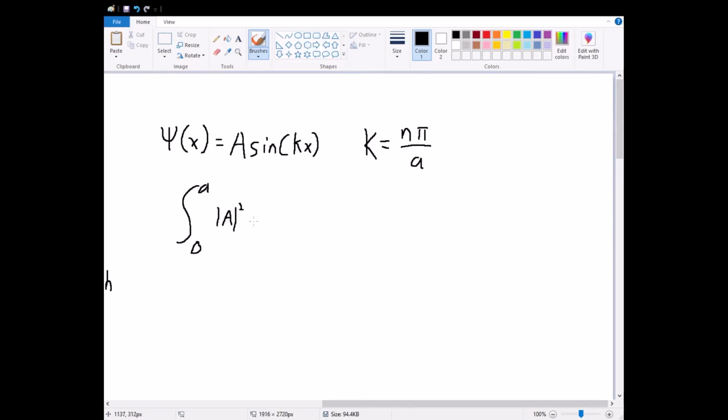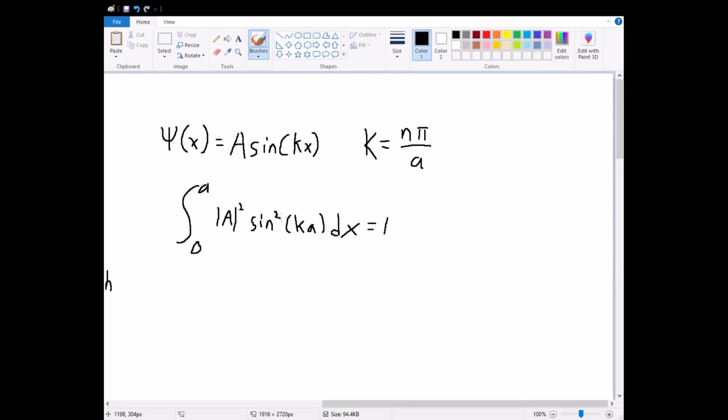Sine kx is a real term, so we square it normally without the magnitude signs.